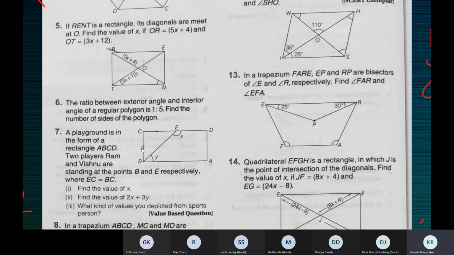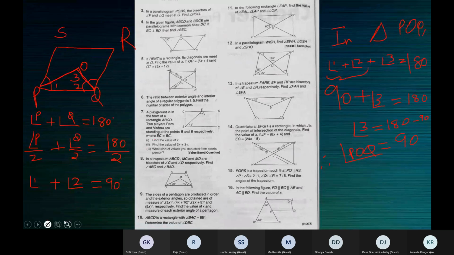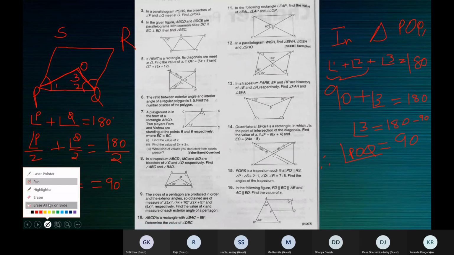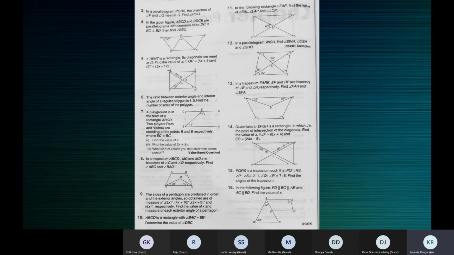So since BC is equal to EC, these two sides are equal, the angles opposite to them in this triangle are equal. These are the two equal sides.